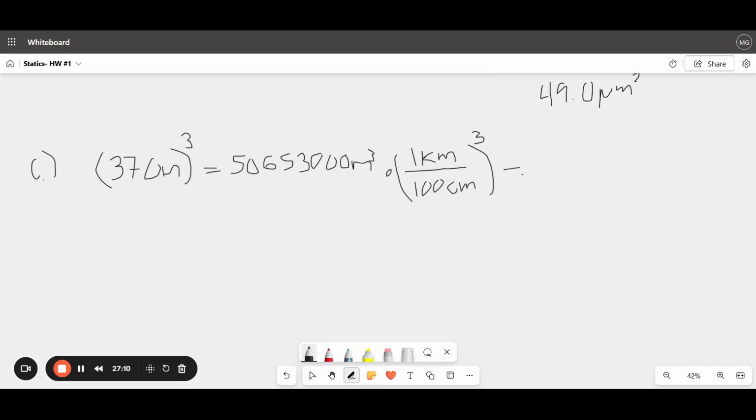And that's going to give us an answer. I'm going to write it in scientific notation. 5.06 times 10 to the negative 2 kilometers cubed.